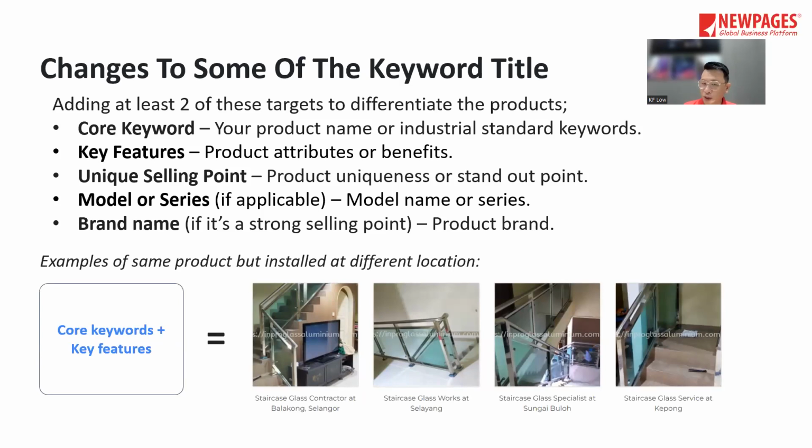It also works, because you add your project location, where it is located. Let's say, for example, someone searches for staircase glass supplier at Kepong. Right now I'm at Kepong, searching for a contractor or supplier that can do this staircase glass service for me, and chances are your product may be ranked. So these are some of the examples I can share with you.